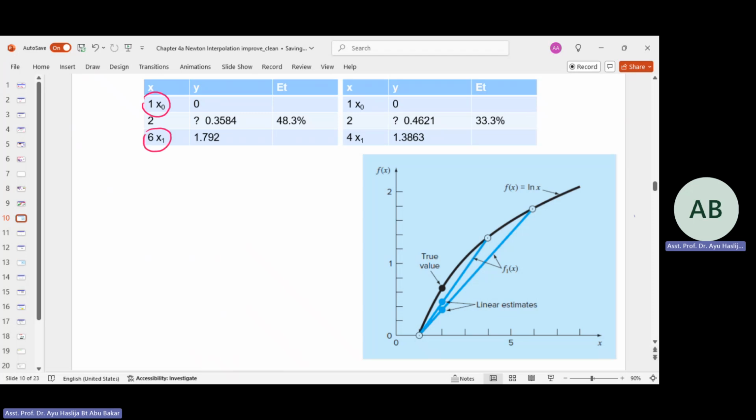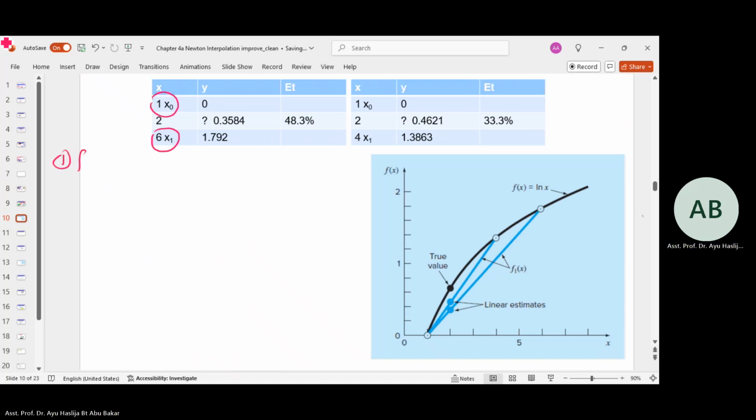X0 is 1, X1 is 6. Okay, so first thing, we need to identify your equation, f1(2). This should be the first step, so that you know until what B you need to find.